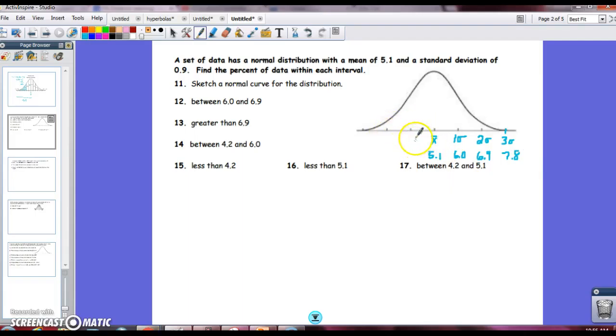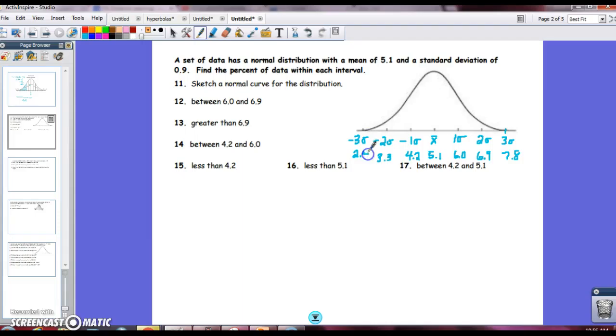Okay, if I go below my mean, so 1 standard deviation below my mean, I'm going to subtract 0.9 from that. That would put me at 4.2. If I go another standard deviation below that, I'm going to subtract 0.9 from 4.2. That puts me at 3.3. And then if I'm 3 standard deviations below, I'm going to subtract 0.9 from that.